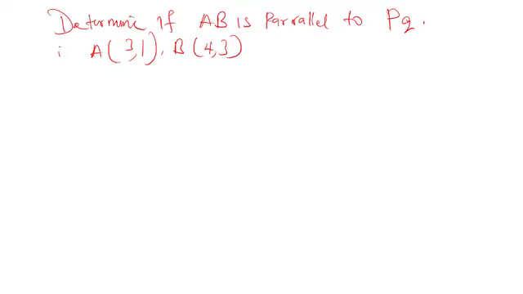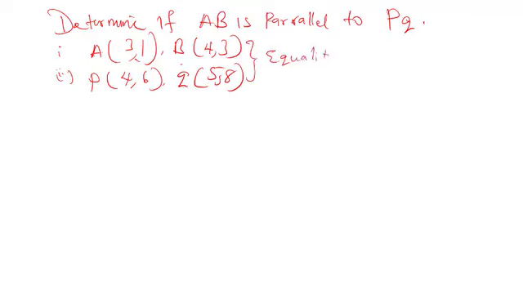For P we have (4, 6) and Q we have (5, 8). We want to check if AB is parallel to PQ. You know how to check for being parallel? It's just if they have equal slope. Equality in slope is what you're checking.